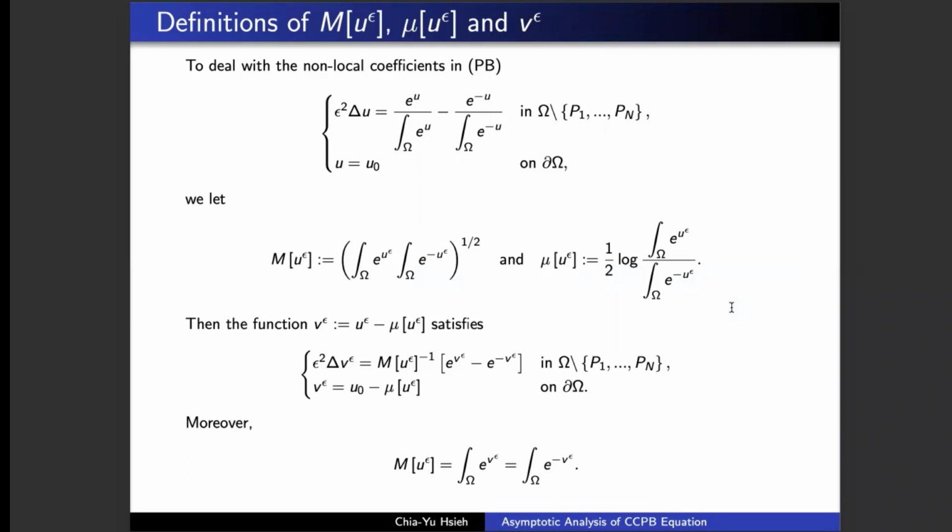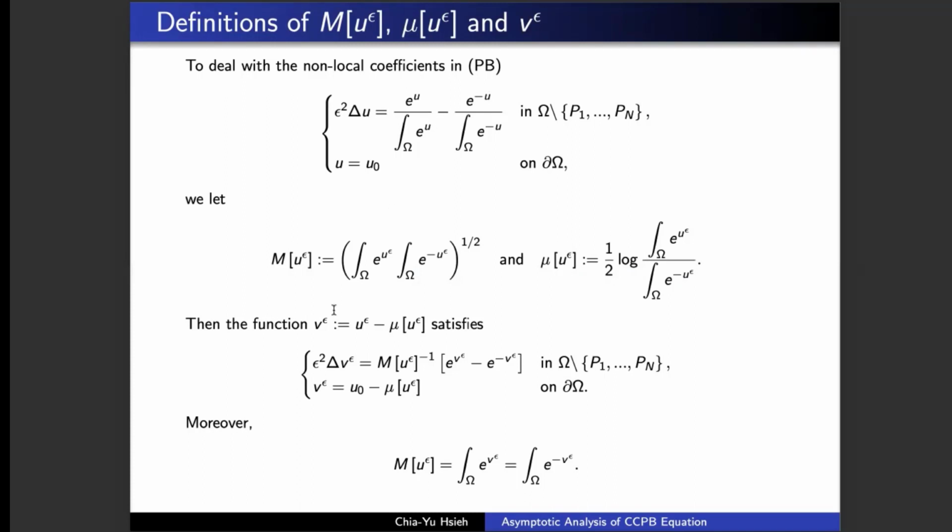In order to show you the asymptotics, the first step is to deal with the non-local coefficients under the denominator. Otherwise, if we deal with the equation with non-local coefficient directly, we cannot apply the usual maximum principle or comparison principle to this equation.